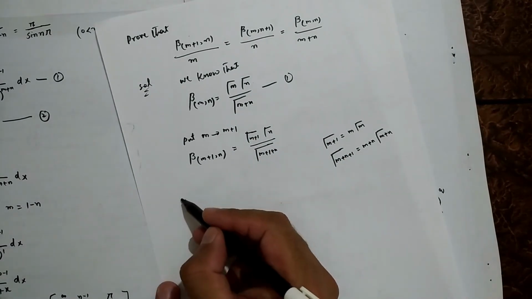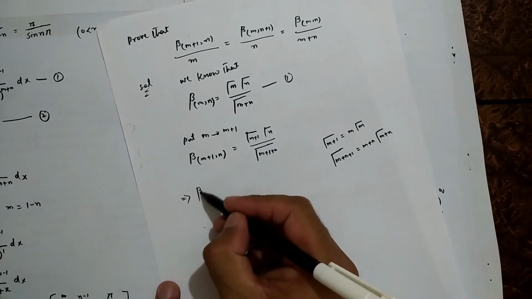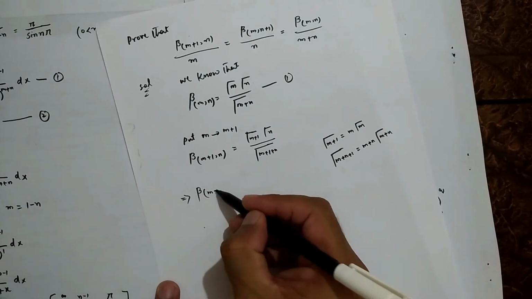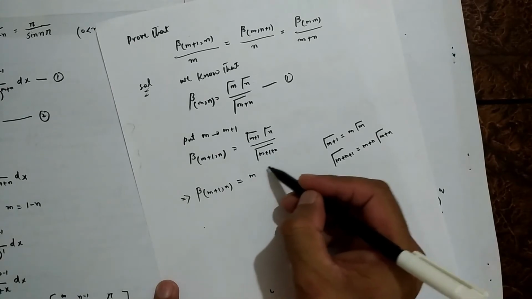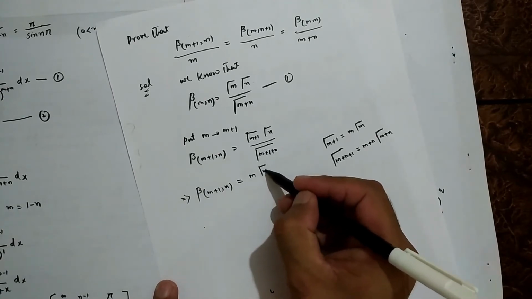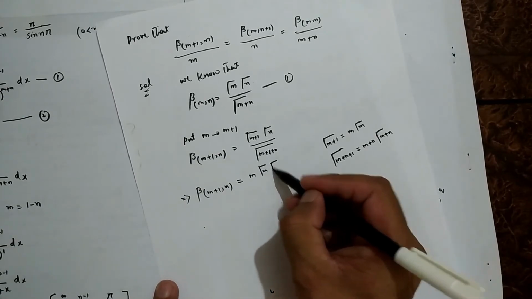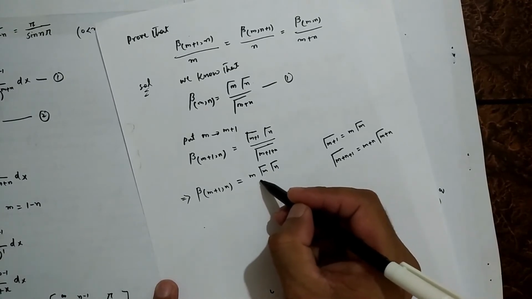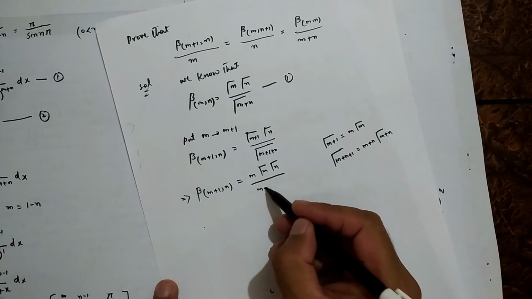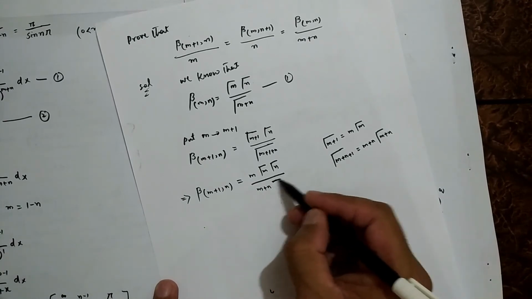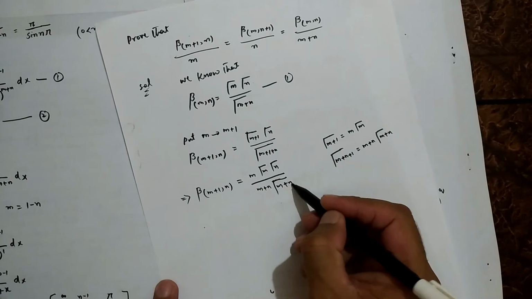Therefore we will have beta (m+1, n) equal to m times gamma m into gamma n upon (m+n) times gamma (m+n).